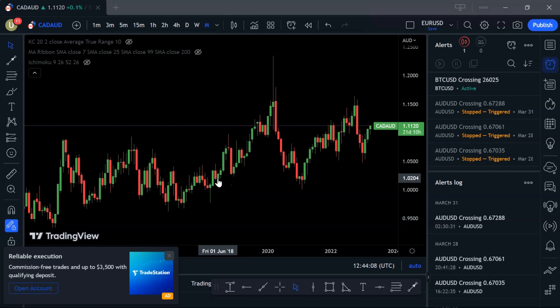Charting platform, and this is what it looks like. TradingView. This is the best charting platform I've ever come across. Some people use MT4, MT5, but for me TradingView is more user friendly. It has all the tools you need to be a successful trader. You can pay for a premium package, but the free version gives you all you need.